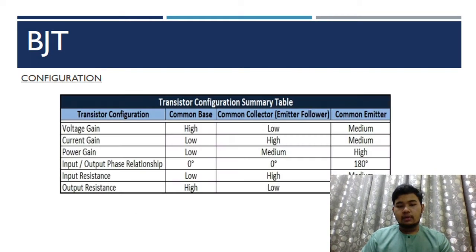Okay, next for configuration. For voltage gain, common base is high, common collector is low, and common emitter is medium.